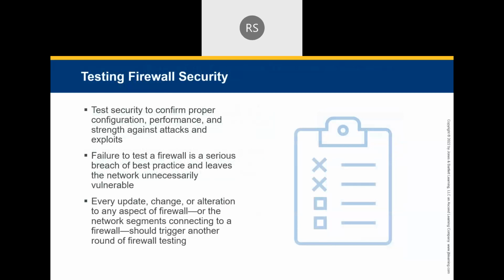Now, every update, change, or alteration to any aspect of your firewall or the network segments connecting to it should trigger another round of testing for the firewall. These regular tests help ensure that the firewall remains effective in protecting the network against evolving threats and vulnerabilities.